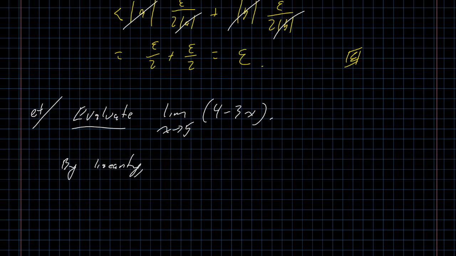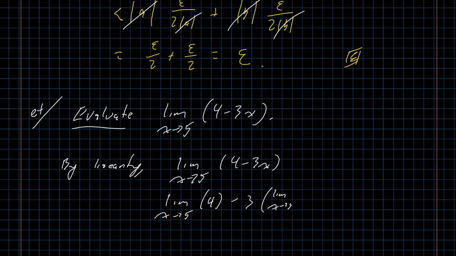By the linearity property, the limit as x approaches 5 of 4 minus 3x is the same thing as the limit as x approaches 5 of 4 minus 3 times the limit as x approaches 5 of x.